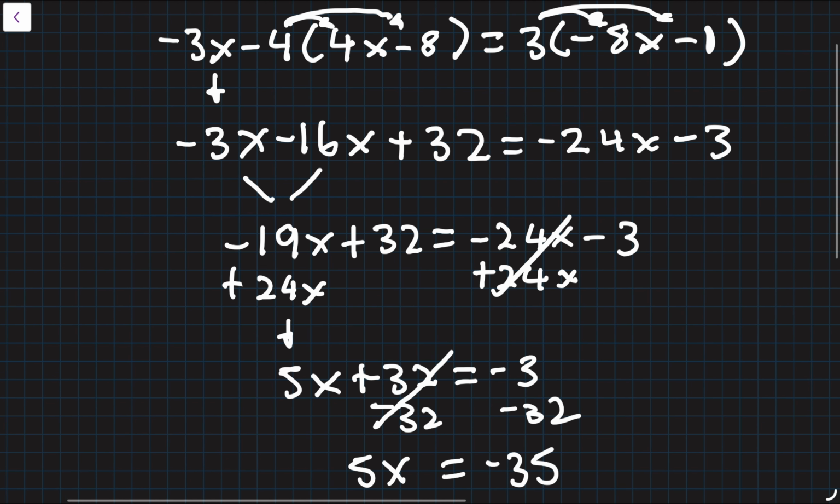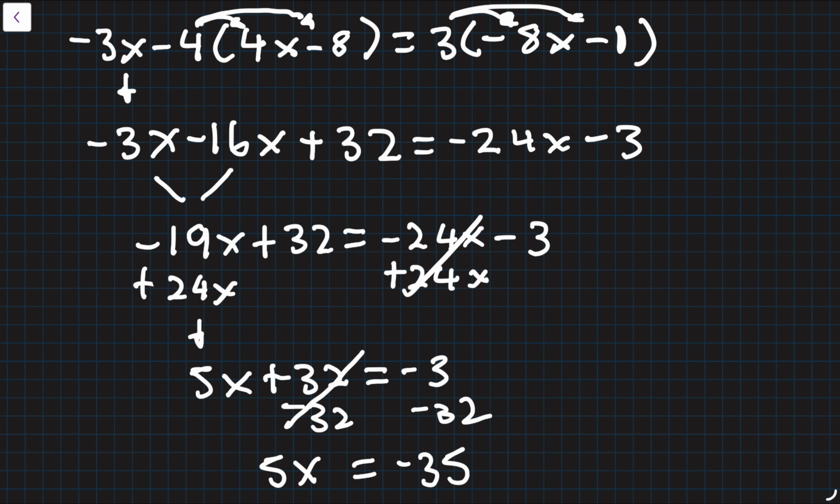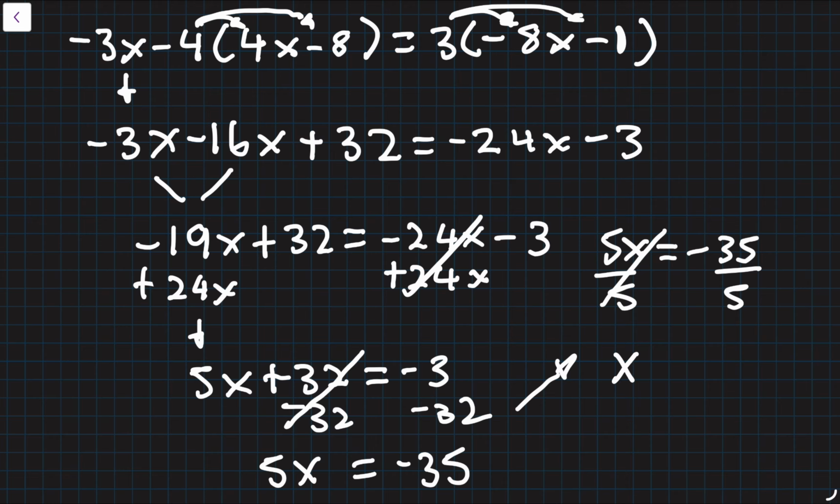I'm gonna bring the equation right over here a little bit. So 5x equals negative 35, and then you're gonna have to divide by 5, cancel out the 5, and the final answer is going to be x equals negative 7. And that would be your final answer.